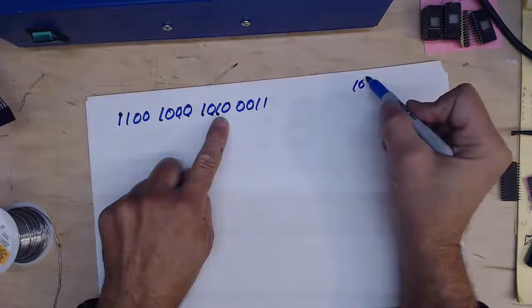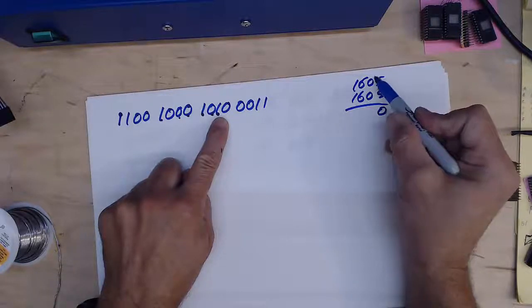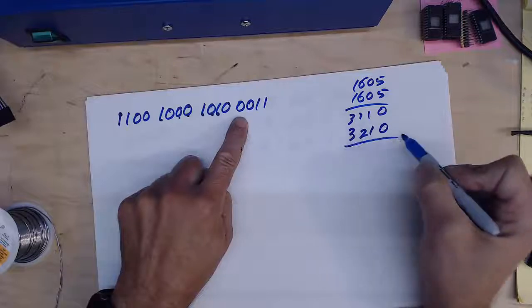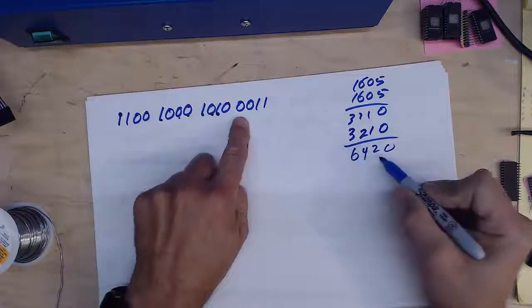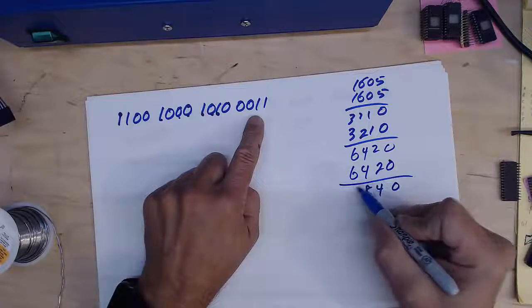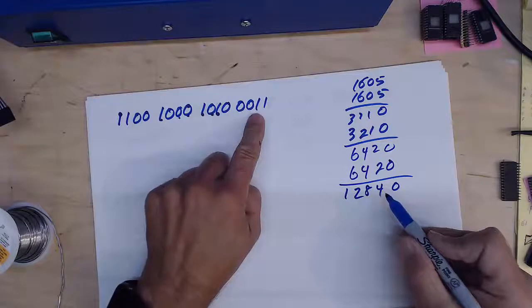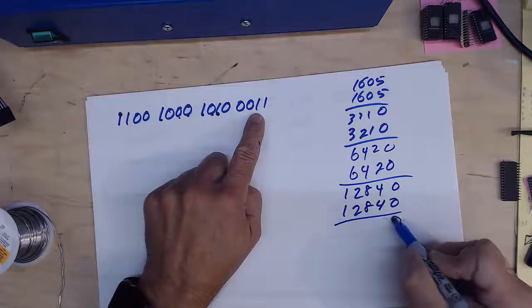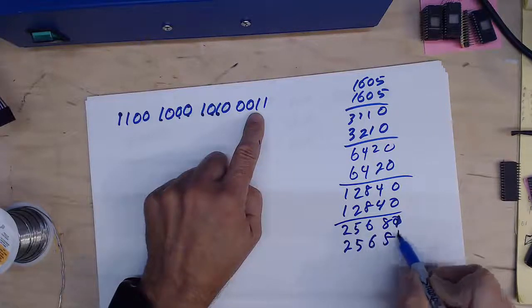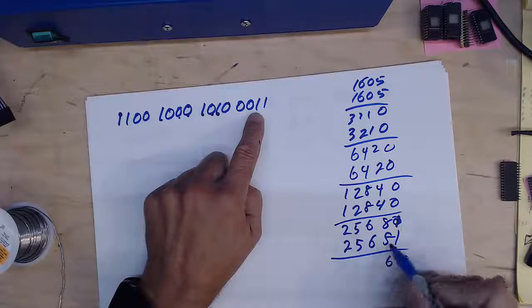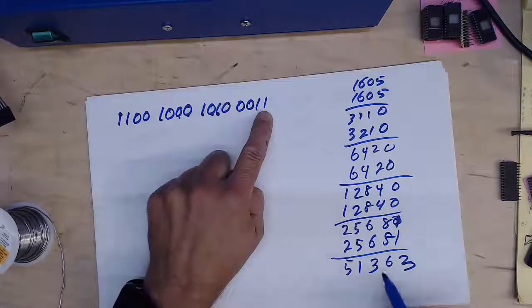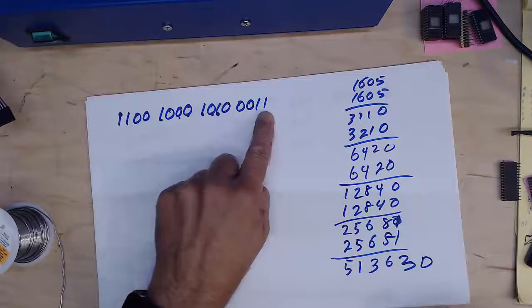So we were at 1605, 3210, 6420, 12840, 25680 plus 1 is 25681, and so on, until we get 51363. So that value is 51363 decimal.